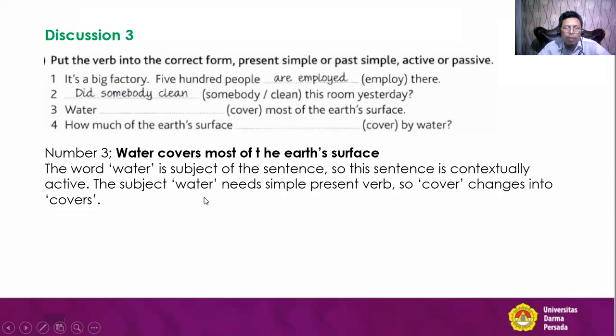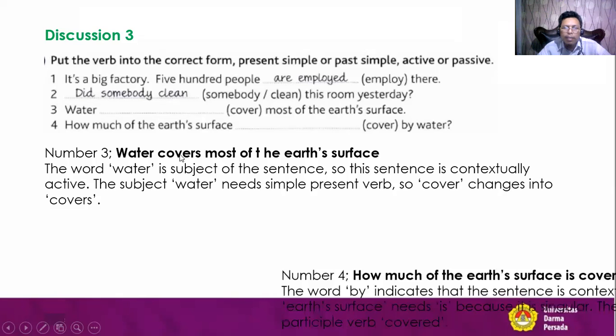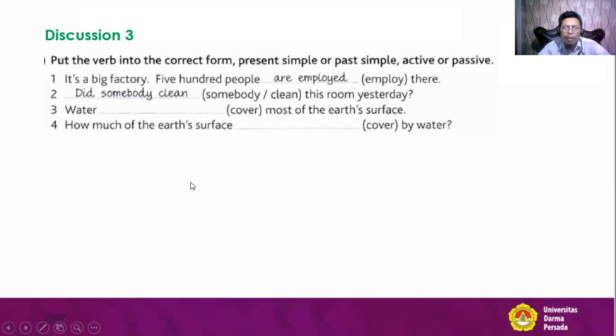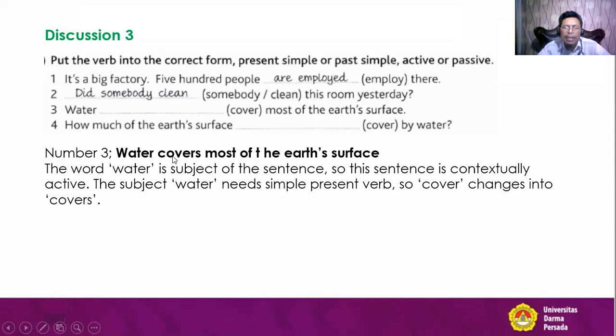So the subject water needs a simple present verb. So cover changes into covers. We don't think about the combination of to be and then verb. Again, why? Because this is active.